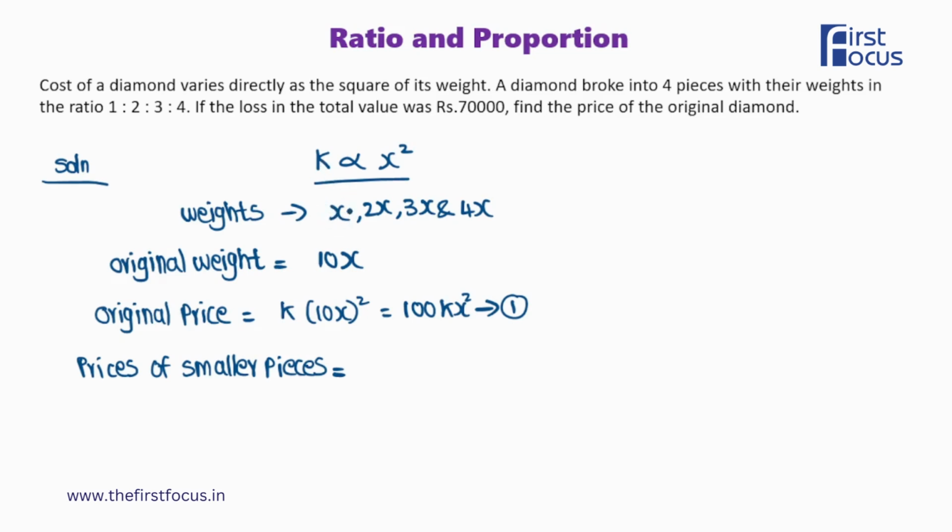So the price of first piece be kx square plus k into 2x the whole square, that is 4kx square, and so on 9kx square and 16kx square. The sum of this is equal to 16 plus 9 plus 4 plus 1 is 30kx square.